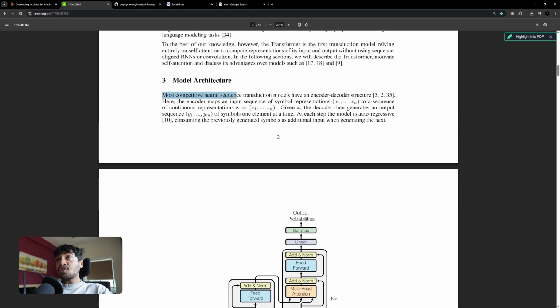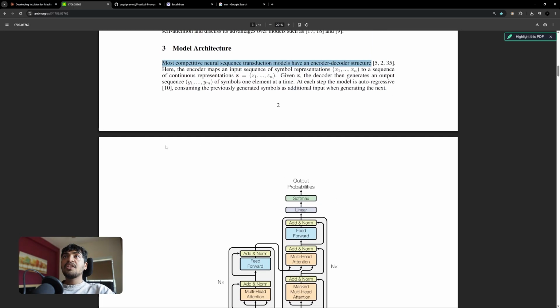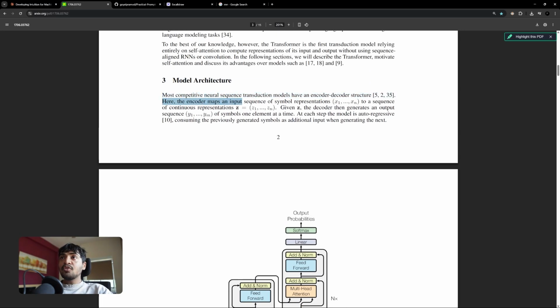So most competitive neural sequence transduction models have an encoder decoder structure. Here the encoder maps an input sequence of symbol representations. So basically the input, so if you have a sentence like my name is Pramod, that is your representation. So you can have, for each word, x1 would be my, x2 would be name, x3 would be is. That is exactly not how it happens.